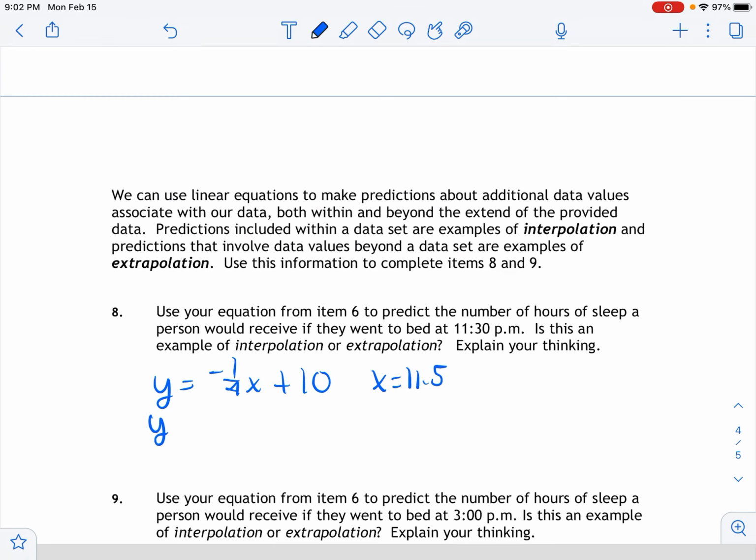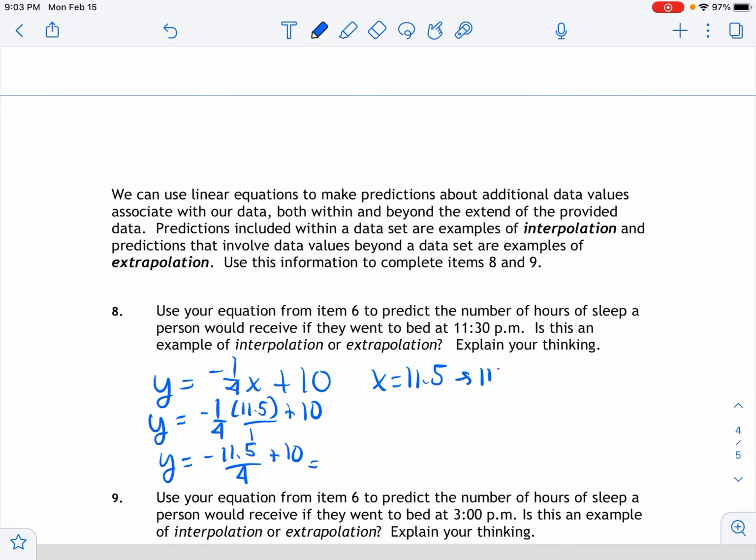So my equation becomes y equals negative 1/4 times 11.5 plus 10. So y equals negative 11.5 over 4. Let's multiply straight across here and add 10. Here's a little reference too, just so we have it here.